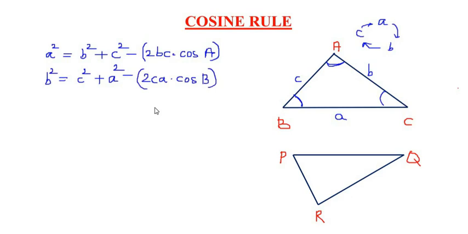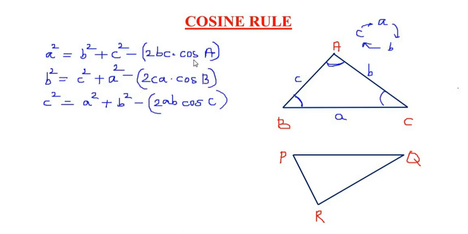Now for example, in the question side C is asked. So we are going to start with side C. So C squared equals, after C comes A, so it is A squared, plus after A comes B, B squared, minus 2AB cos of angle C. So if you remember one of the three forms, it will be very easy for you to solve the examples.